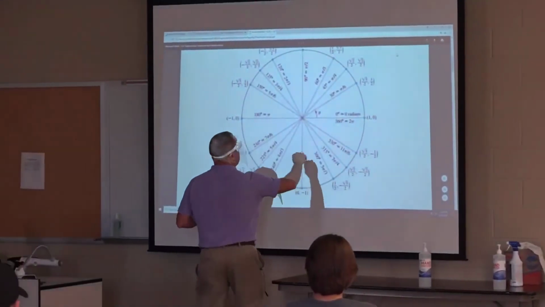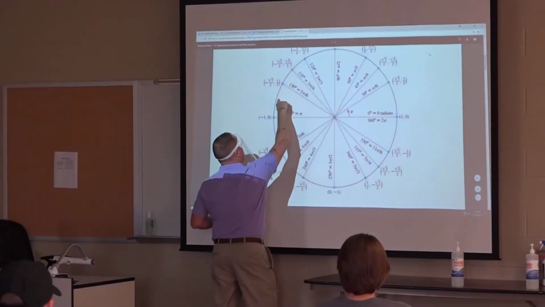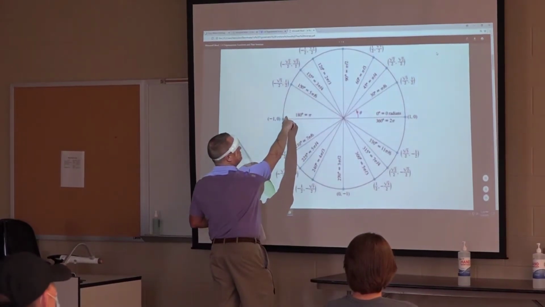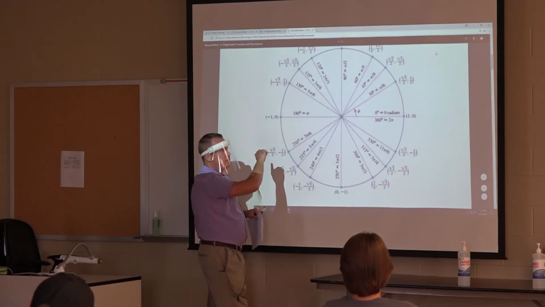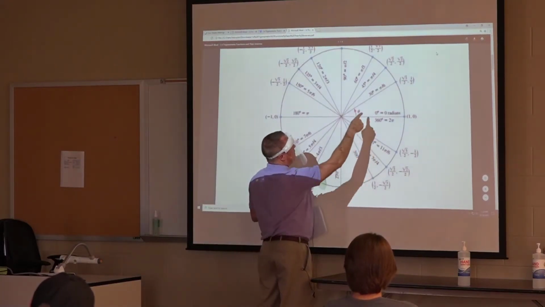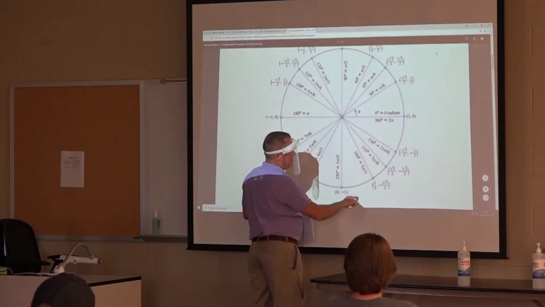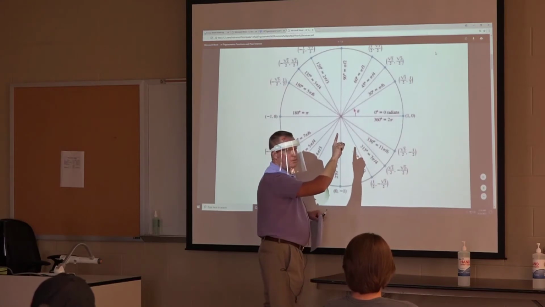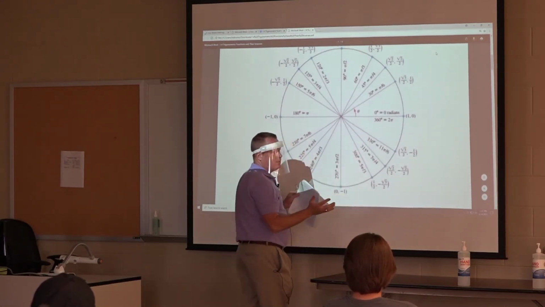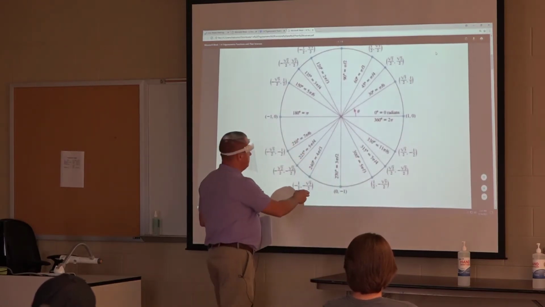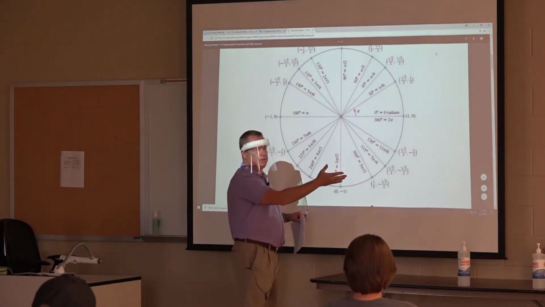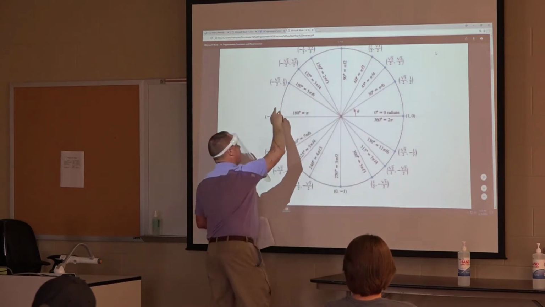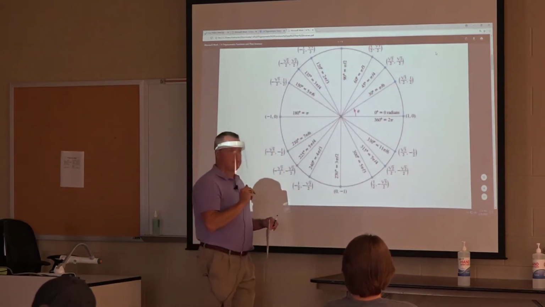Well, notice from 0 to pi, what's true about all the x values? They are all different. In quadrants 4 and 1, the x values repeat. So that's why cosine can't be restricted to negative pi over 2 to pi over 2, like sine, because it wouldn't work. But from 0 to pi, that does work. Does that make sense?